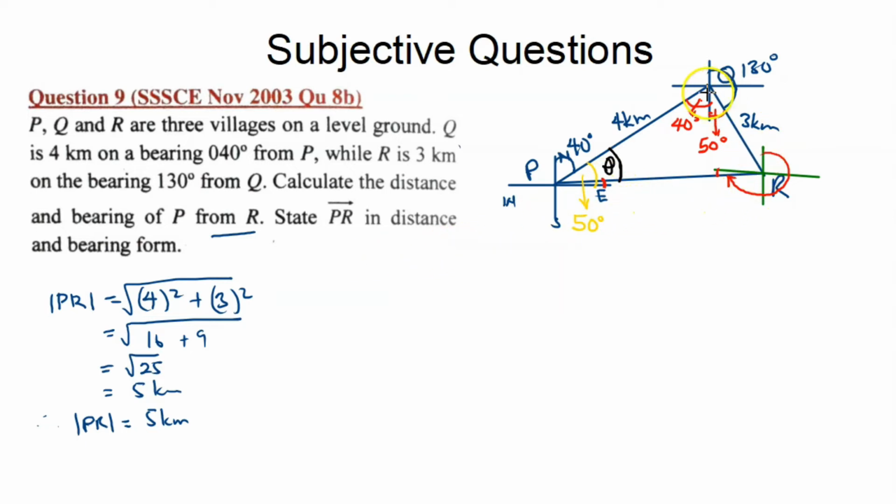So since the whole triangle is a right angle triangle, and trying to find the angle theta, then it means we can use a trig ratio for that. Remember, using the trig ratio, we know the sides 4 kilometers and then 3 kilometers, and therefore it means we can use tan ratio. So tan of the angle theta must be equal to the opposite side of theta, which is 3 kilometers, all on 4.